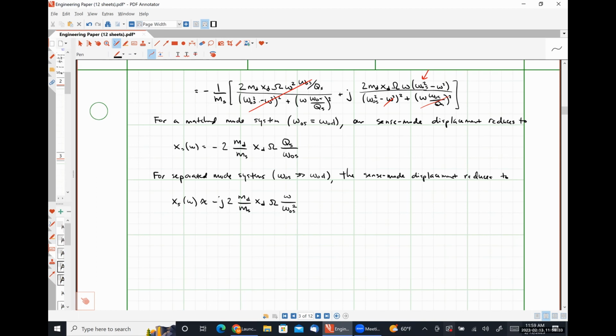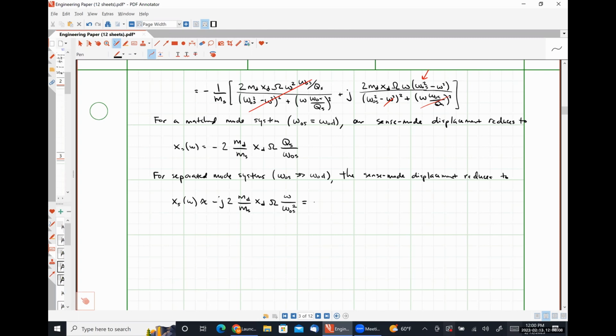So this is our displacement in a separated mode system. Once again, to get a large displacement, we need to have a large drive mode displacement. The same factor of twice MD over MS shows up. We can actually simplify things here a little bit because we have in our denominator MS times omega naught S squared, which looks like the spring constant of our sense mode.